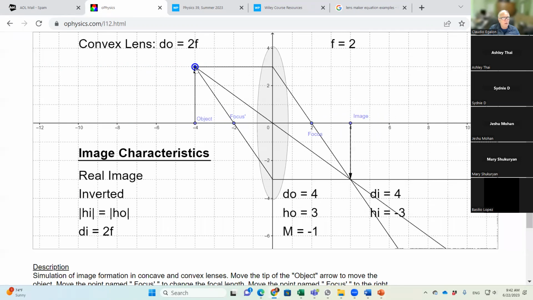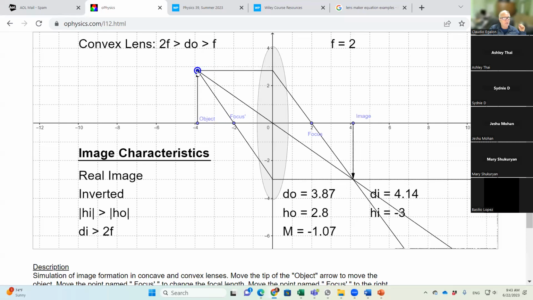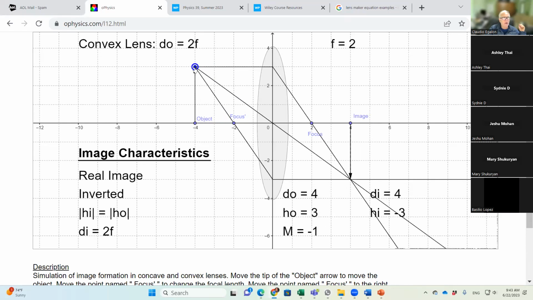Look here. This is a behavior similar to that of the mirror, right? If the object is located at distance 4 from the lens, the image is also going to be located at distance 4 from the lens. Okay, and past this point, the image becomes larger than the object. See that? Image here is 5.16, whereas the object here is 3 units. At this point, the image is equal to that of the object.